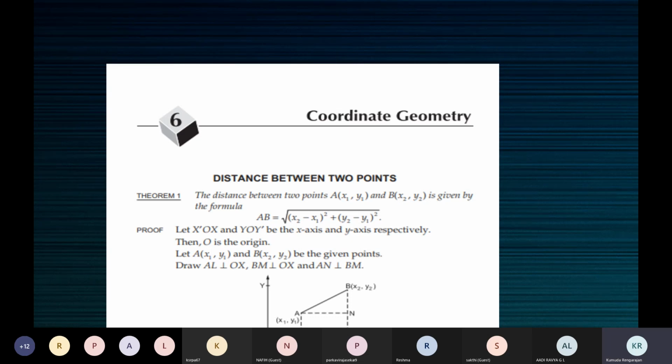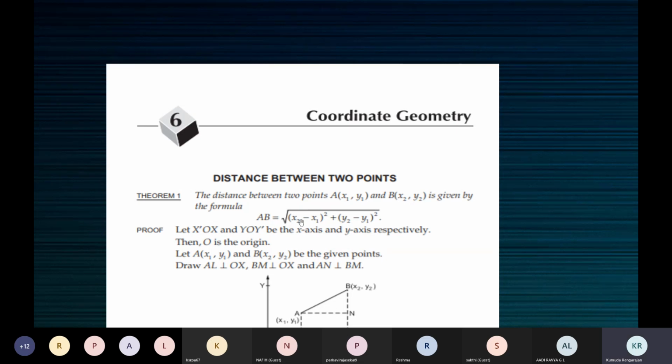Difference between the ordinates, the whole square. So you just find the difference, in any order. You write anybody first. So the distance formula is given by the square root of the difference between the abscissae, the whole square, plus the difference between the ordinates, the whole square.